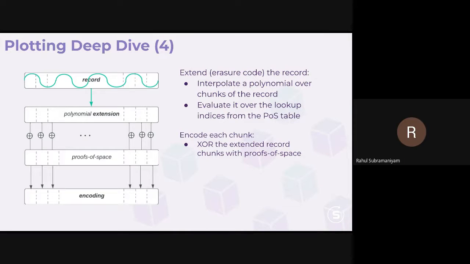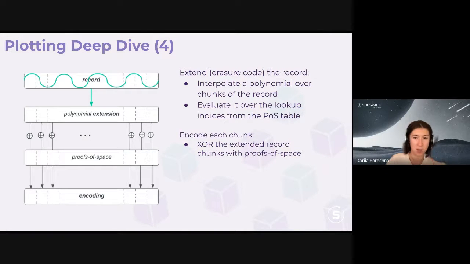One suggestion: maybe change the polynomial extension to something like polynomial evaluation over the indices, because this extension is not very clear. Yeah, I had doubts about the name as well. I was trying to maybe name it erasure coding, but it's not exactly the classical erasure coding.